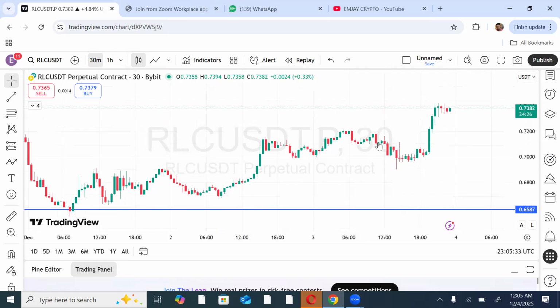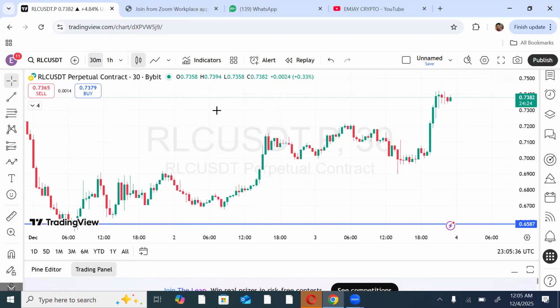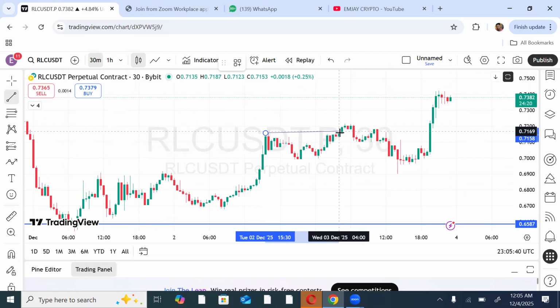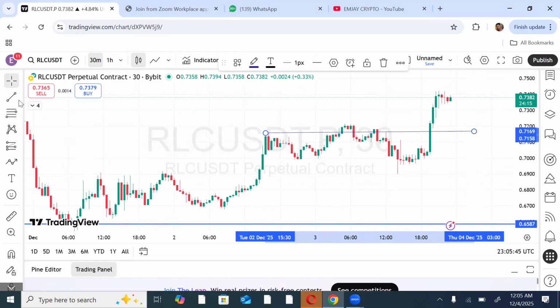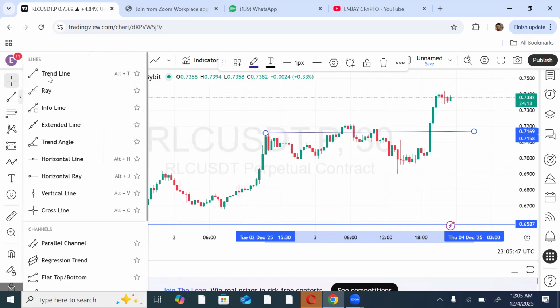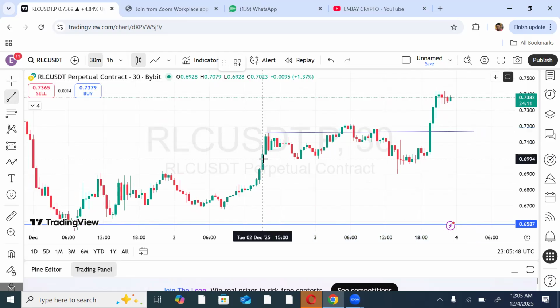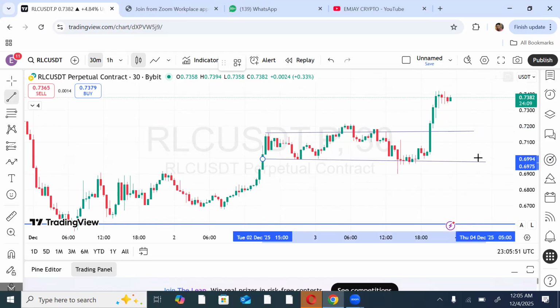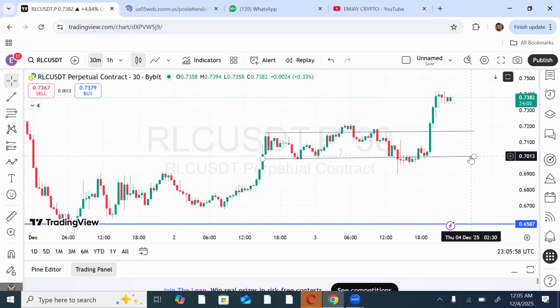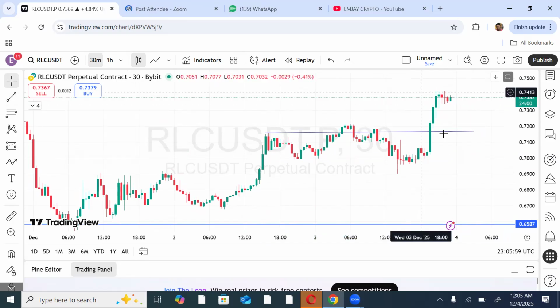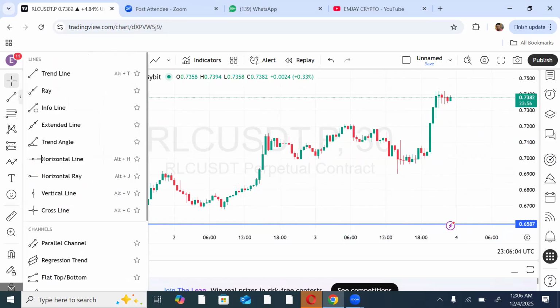Now, I'll mark this out as my range high, and I would also mark this as my range low that has been taken out. The price was taken out from here and here. Okay, I think this is not straight enough. Let me just use horizontal line.